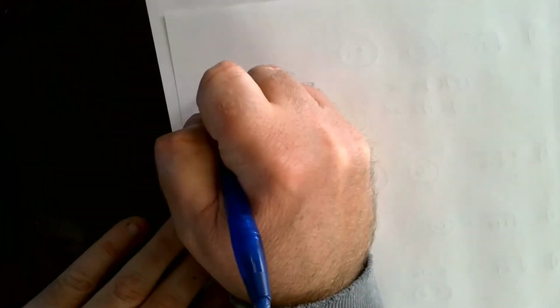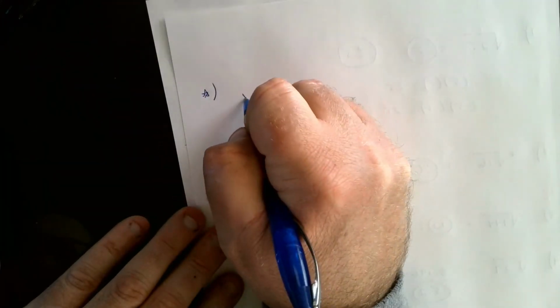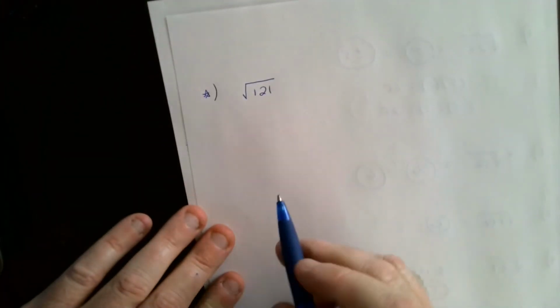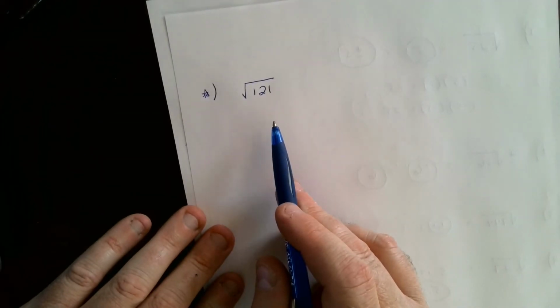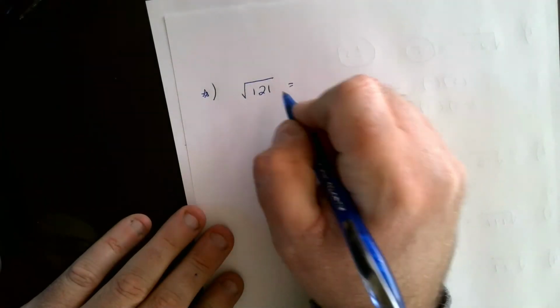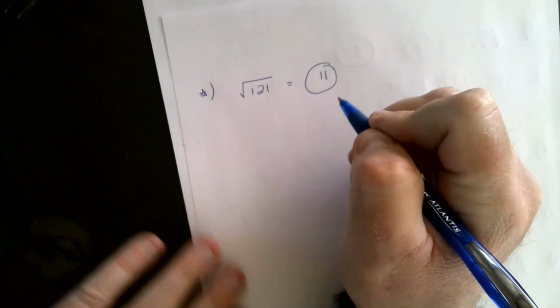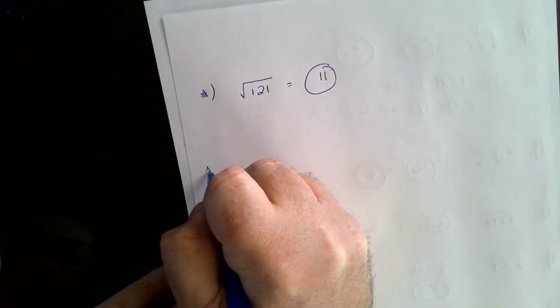Okay, so let's do a quick review one more time. If we have just basic square roots, let's say the square root of 121, we're looking for what number times itself gives you this. Well, there happens to be a whole number. The square root of 121 is 11. So 11 is my final answer.